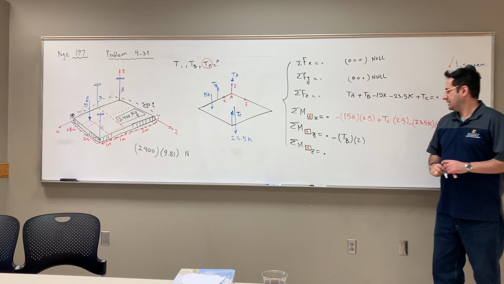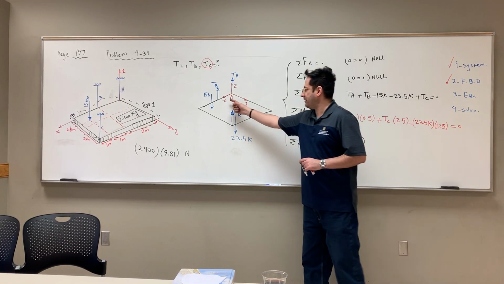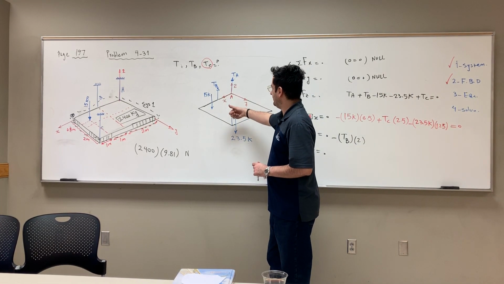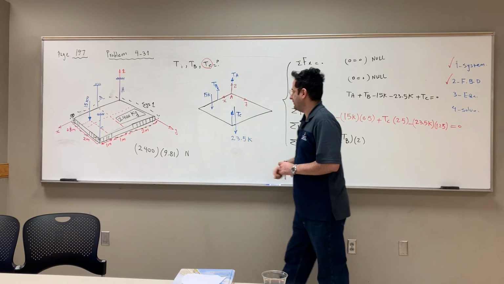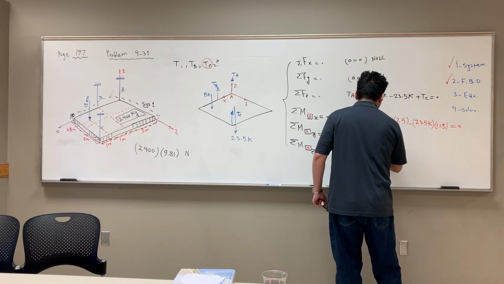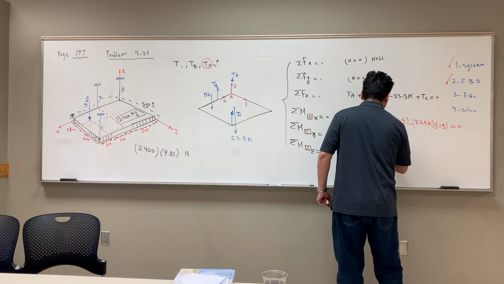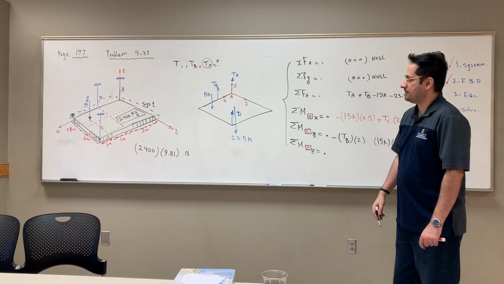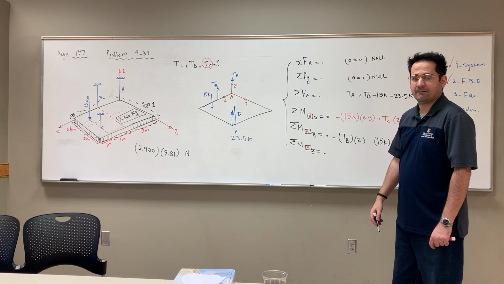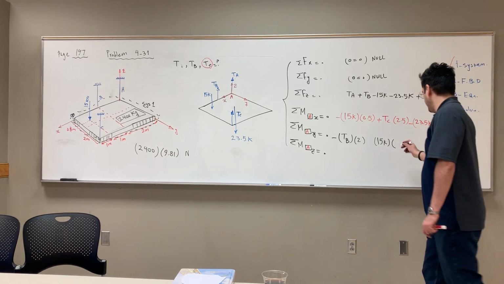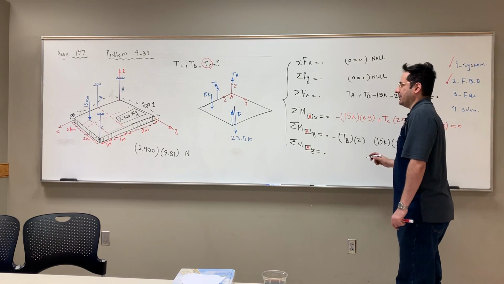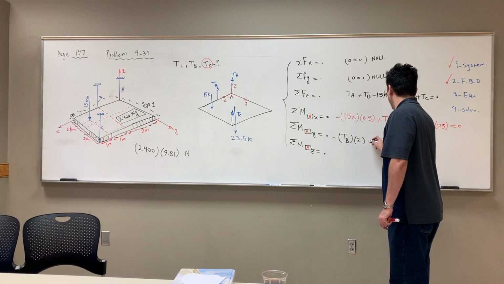Okay, cool. So, TB times 2, negative, right? Next one, 15K times 3. What? Yeah, this one is positive.